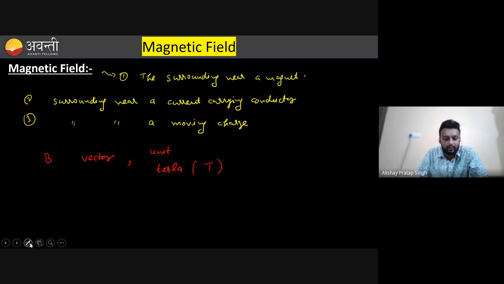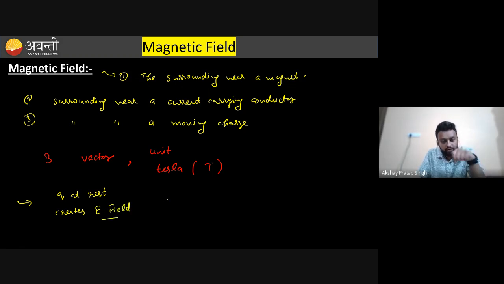I think till now every point is clear. So what are the conclusions from this first slide? That a moving charge creates magnetic field. Everybody knows that charge at rest creates electric field, from electrostatics.